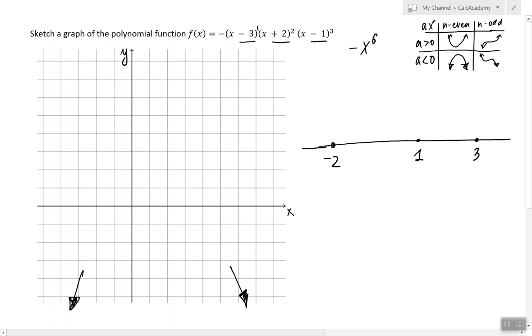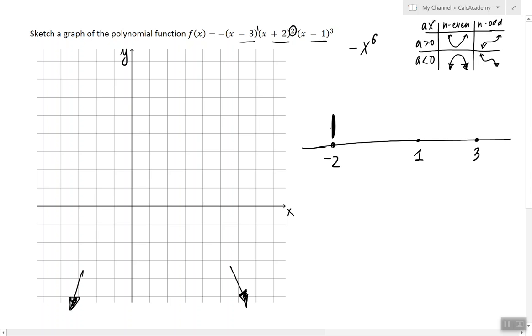And we're going to label those intercepts which have even multiplicity with a special mark. So I use an exclamation mark so that once we're done labeling everything on the sign chart, we don't have to go back and forth between the function and the sign chart. We can just do the analysis by looking at the sign chart.